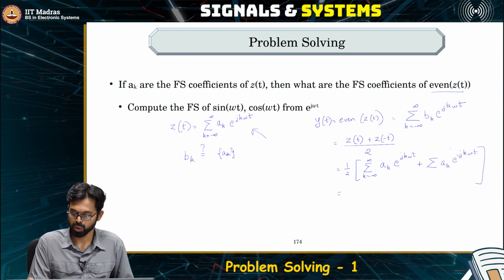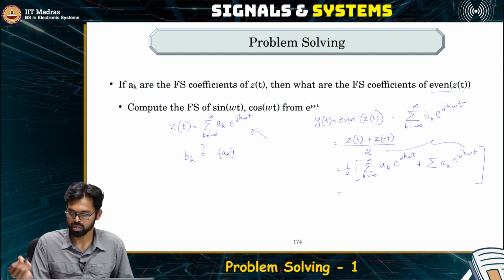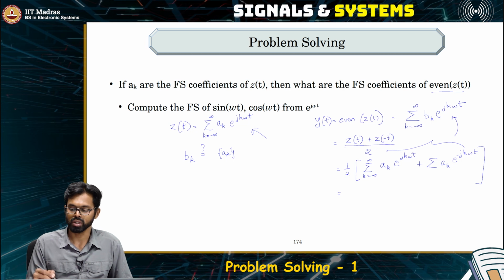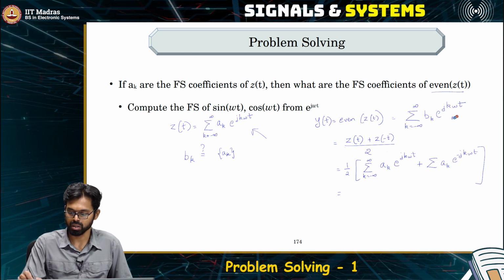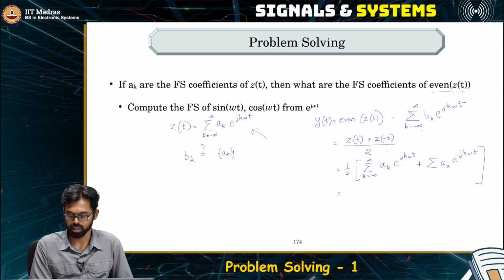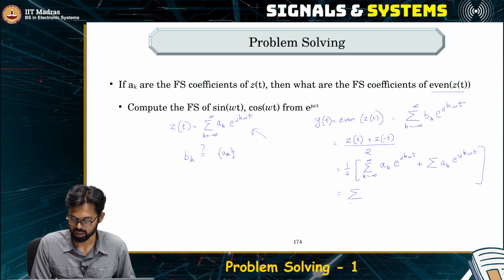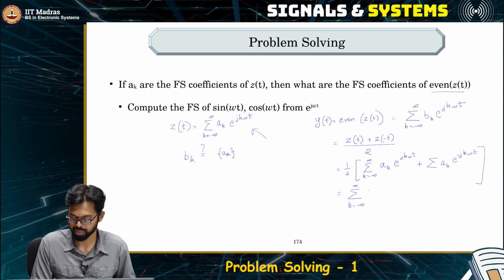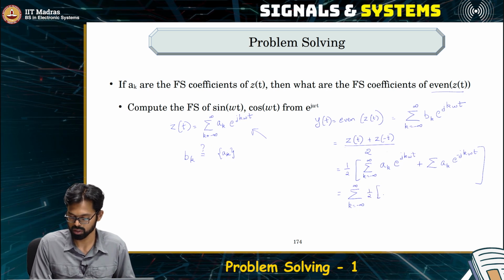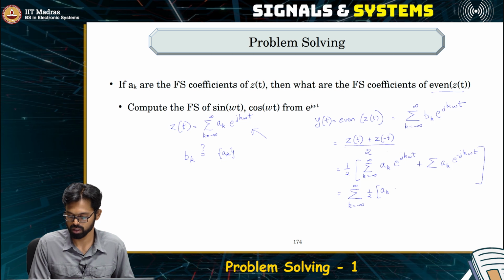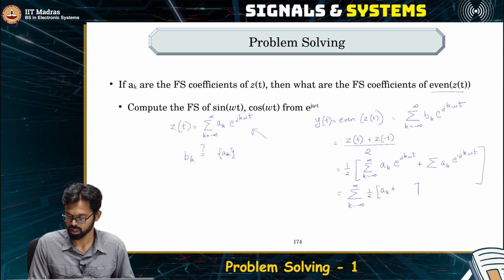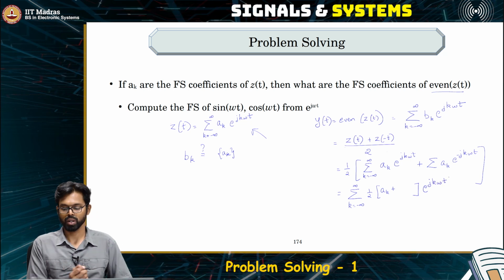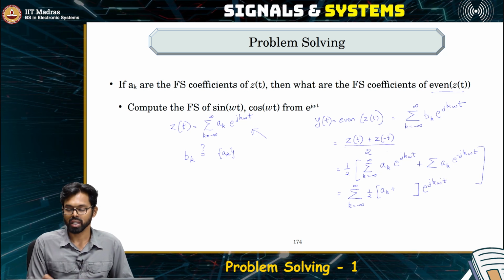So, now we have to somehow express this expansion in terms of the Fourier series coefficient. So, we need to just get some bk times e power jk omega t. So, how do we get that? We can say that this is equal to sum from minus infinity to infinity of half ak plus something such that you have e power jk omega t.